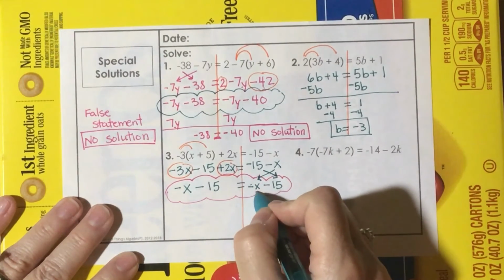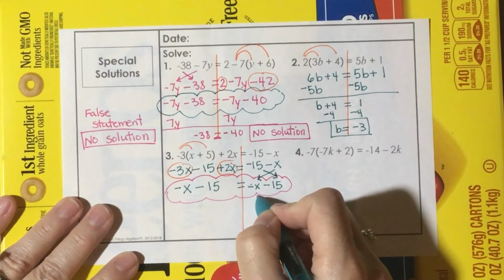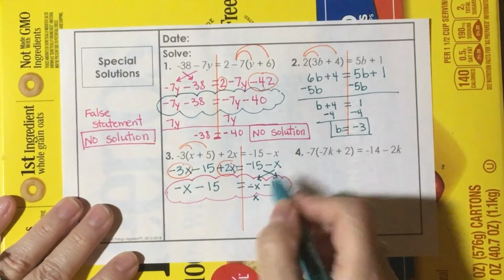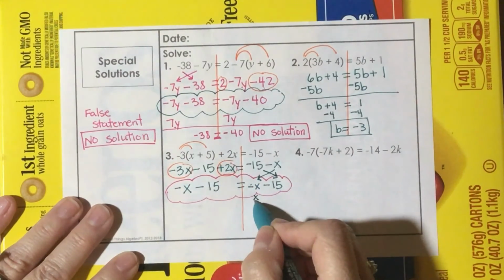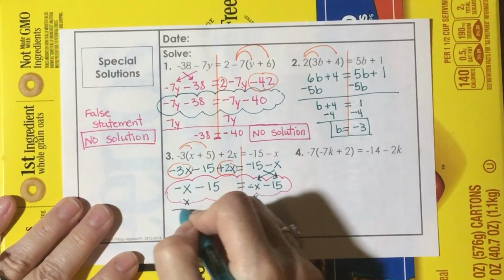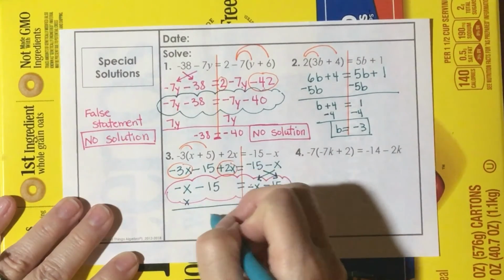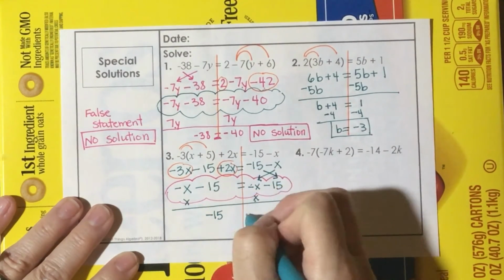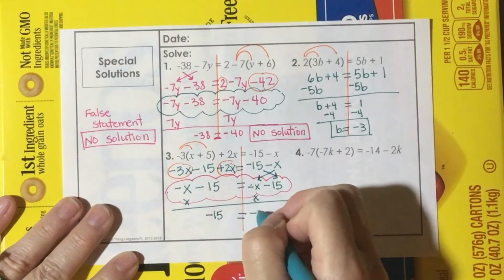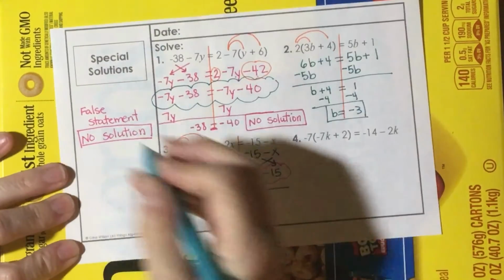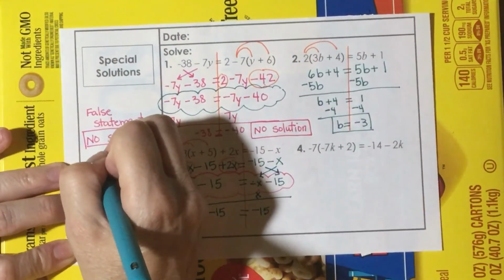So let's finish it up. What we would do if we didn't notice that, we would go ahead and get all of our variables on one side. So I'm going to add an x here, add an x here, and that'll cancel out. That'll give us negative 15 equals negative 15. Well, this is a true statement.